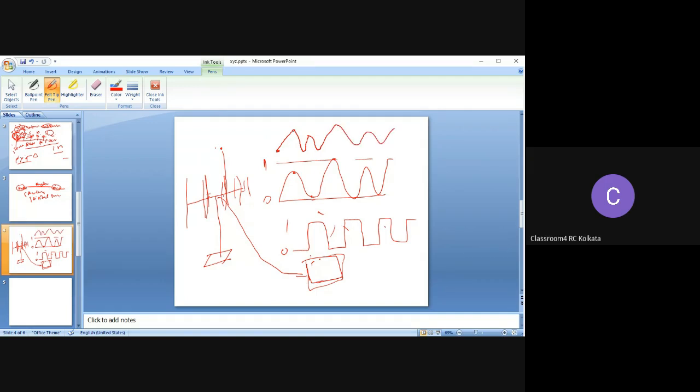So in all of this, this portion is very near to 1. So you fix the antenna in this position.